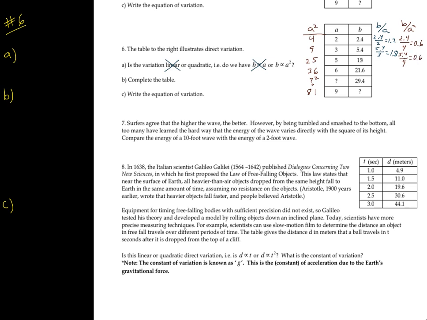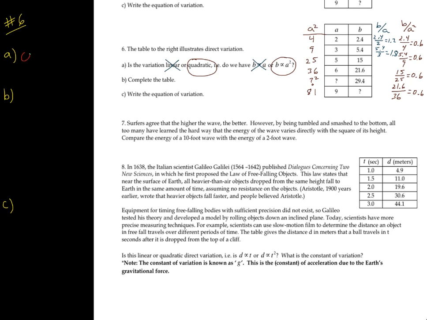How about the next one? 15 divided by 25. Well, that's also 0.6. This is encouraging. And finally, 21.6 divided by 36. That is yet again 0.6. So yes, we're looking at a quadratic variation there.